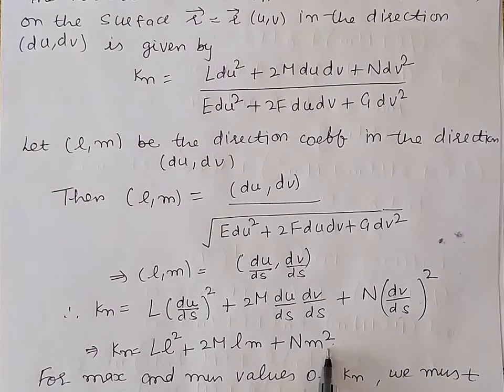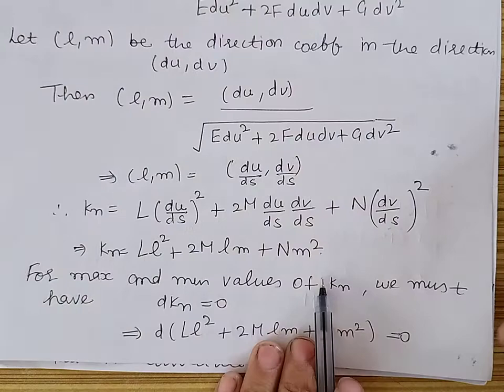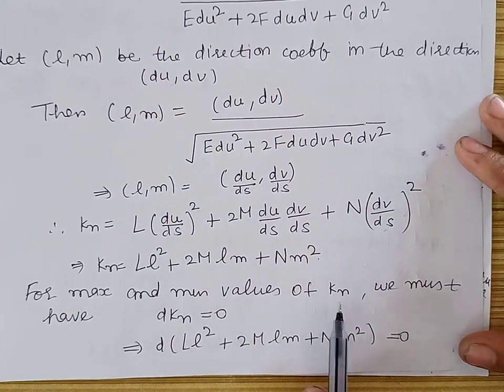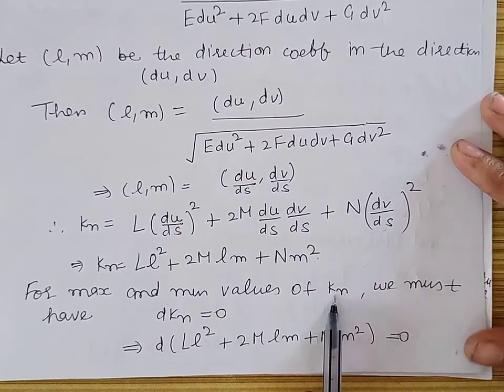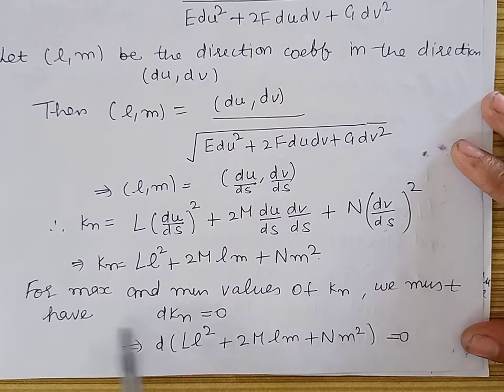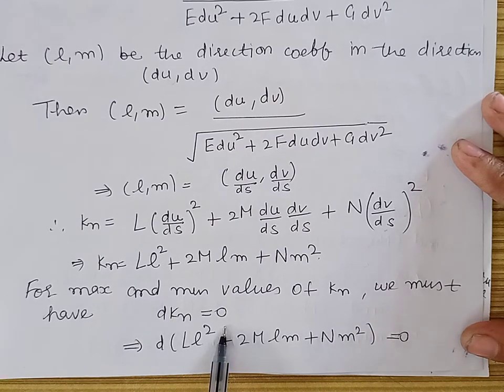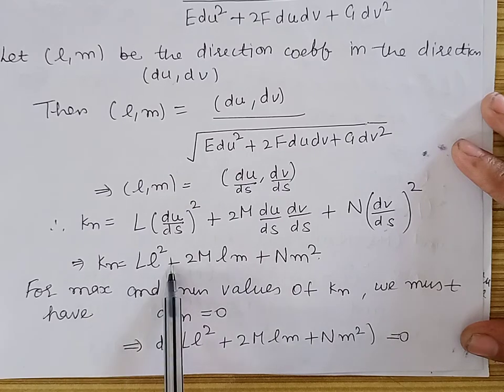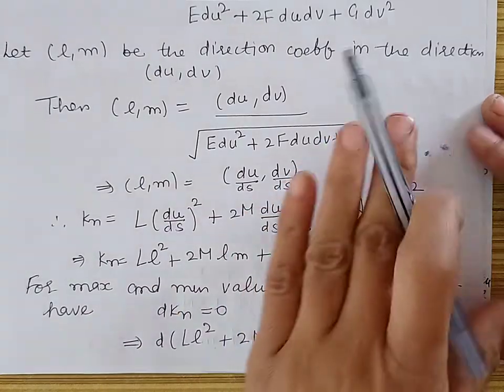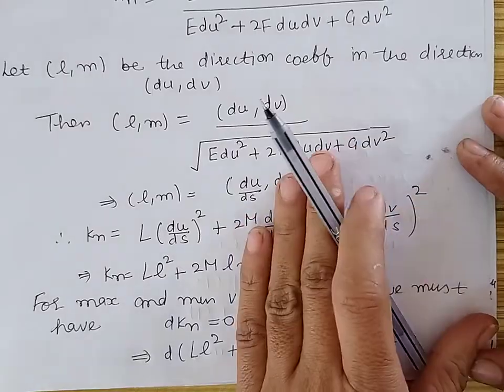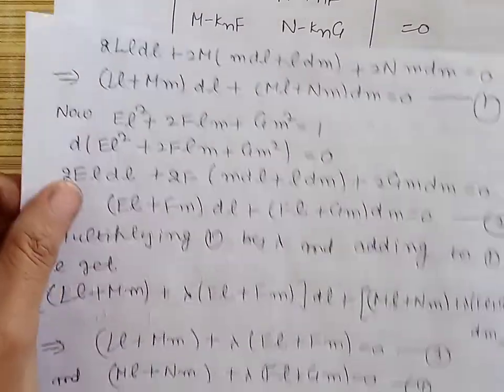Now for the maximum or minimum value of the normal curvature kappa n, we must have its differential coefficient equal to 0.